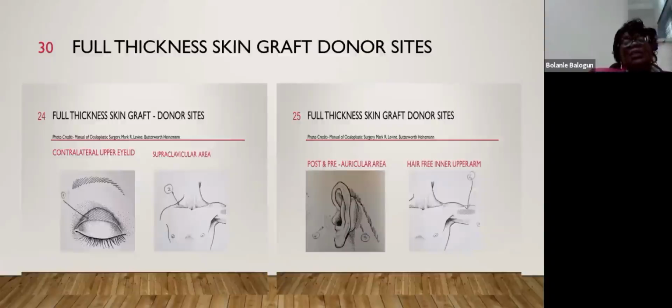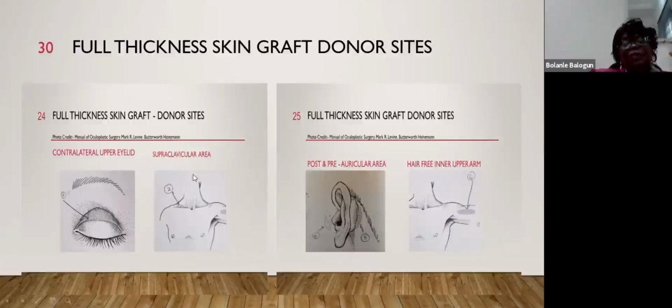So these are the areas where you can get the full thickness graft from. First is the contralateral upper eyelid, for example. But this is not possible in young people who don't have any amount of laxity of eyelid skin. So we can actually use this procedure in the elderly.